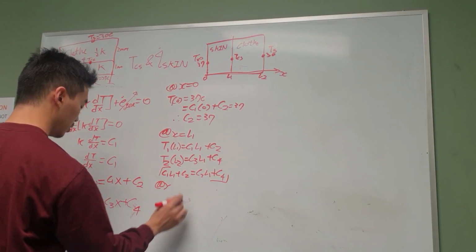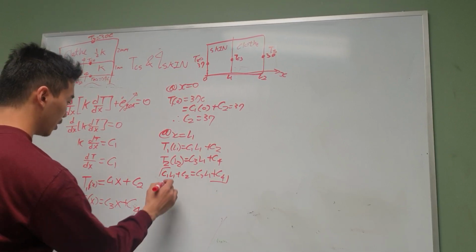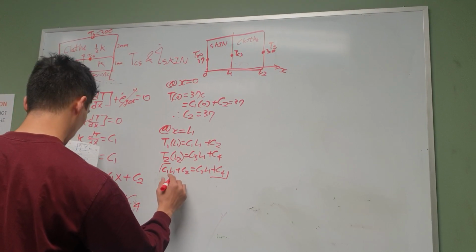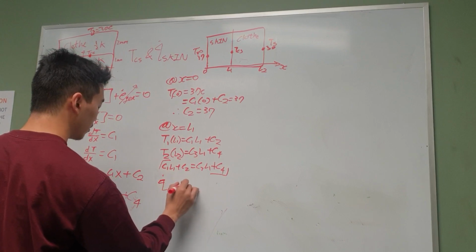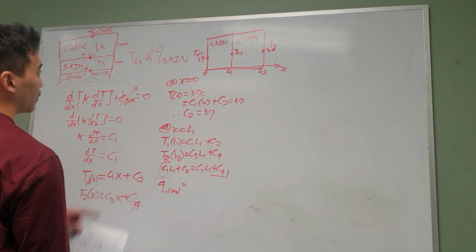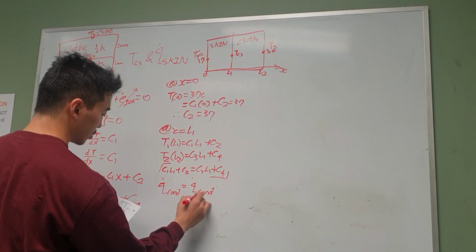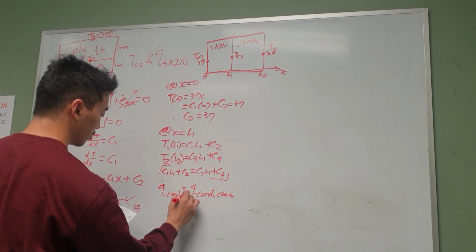And at x is, another thing we can derive is that the two conductions are the same at this L1 from skin and cloth. So call it cloth, skin.